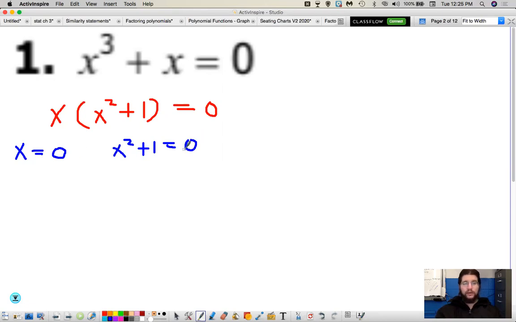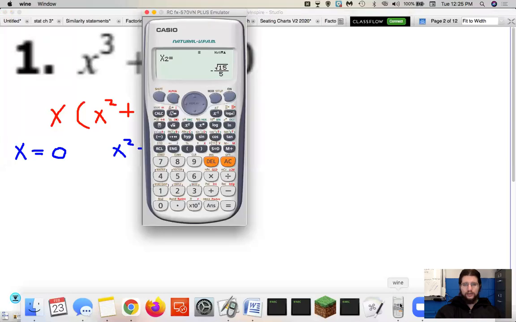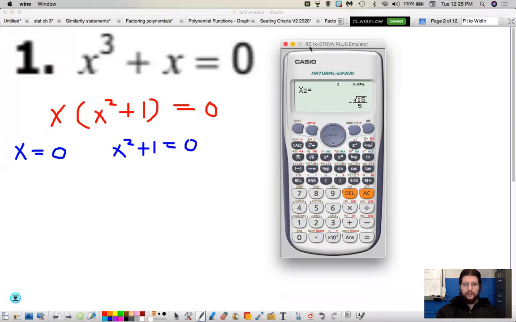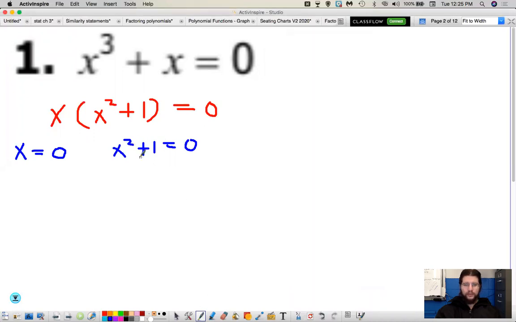x squared plus 1 equals 0. Now this one, what is it? It's a quadratic. So if you got your nice little Casio fx-115 Plus, go to mode 5-3, and when you type in A, B, and C, well, let's look at it. It is x squared, so it is a quadratic. A is the coefficient here, 1.